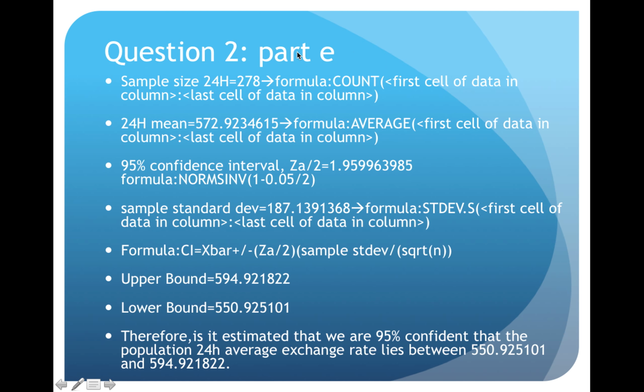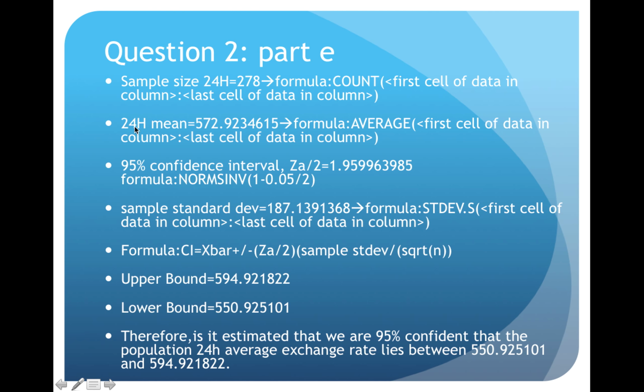And next, we have part E. In part E, we were asked to calculate the 95% confidence interval. Firstly, we have to find the sample size, which is 277, which can be calculated using this formula right here: count, first cell data to the last cell data in column.